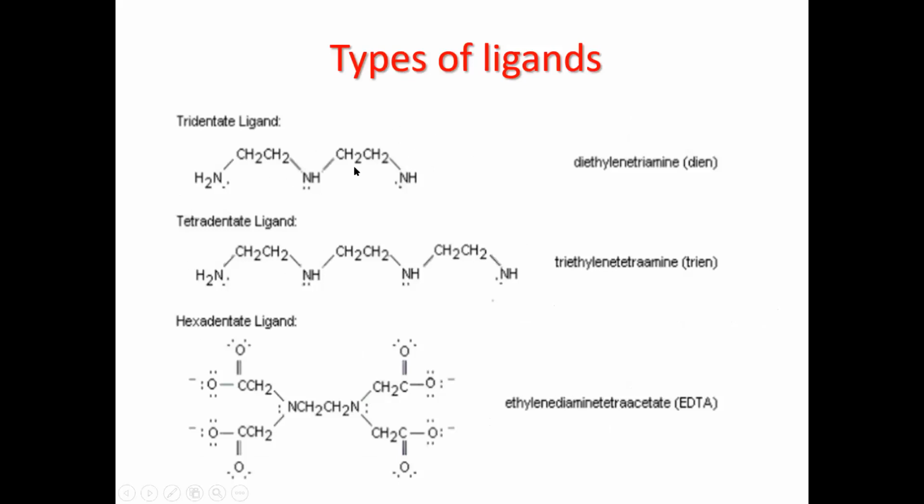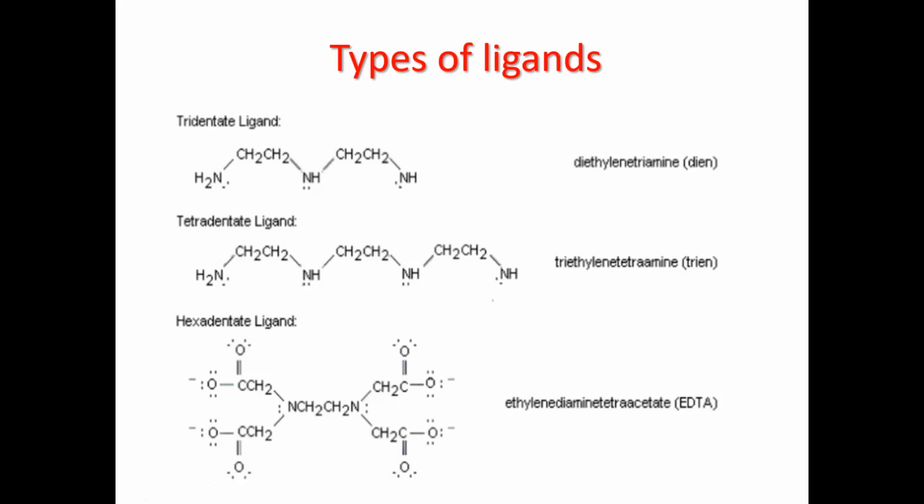We've seen ammonia, NH3. Now tridentate: this is diethylene triamine. You see here that there are 3 amine groups, and on each amine functional group, you have a lone pair of electrons on the nitrogen. So a tridentate ligand will form a complex via these 3 sites. And this is triethylene tetraamine.